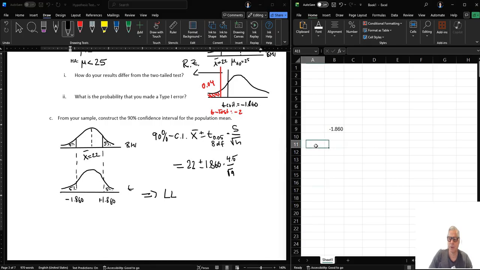The lower limit is equal to 22, now I have to do minus 1.86, so I can actually do plus, and then pick up the negative from the T.INV formula, times 1.5. So then the lower limit is 19.211.